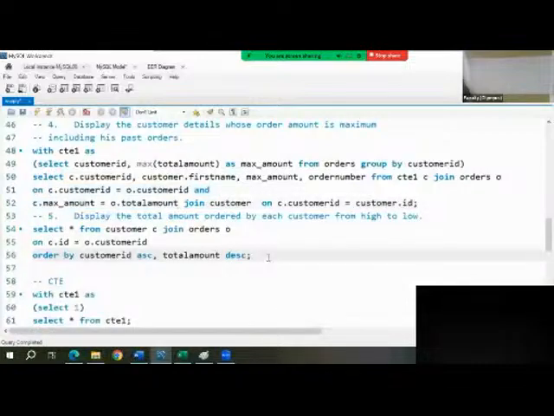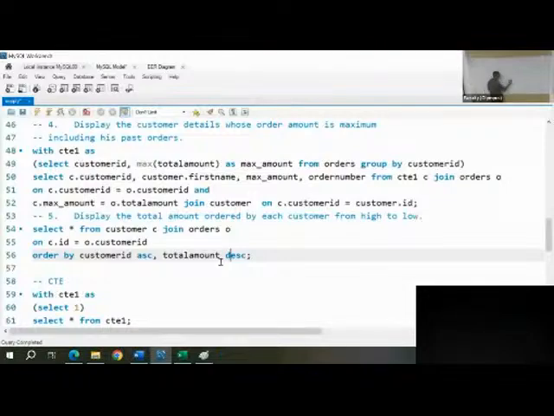Otherwise, what will happen? See, this has two benefits. What if one customer has made two maximum transactions? Let's say Bob has made one transaction for 500 rupees, and again another transaction for 500 rupees, and let's say a 200 rupees transaction. Let's call these order number 1, order number 2, order number 3.